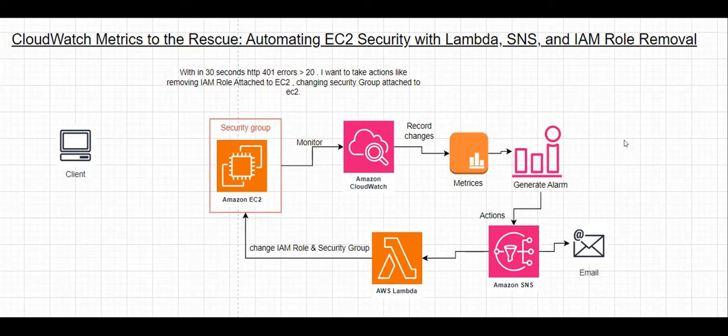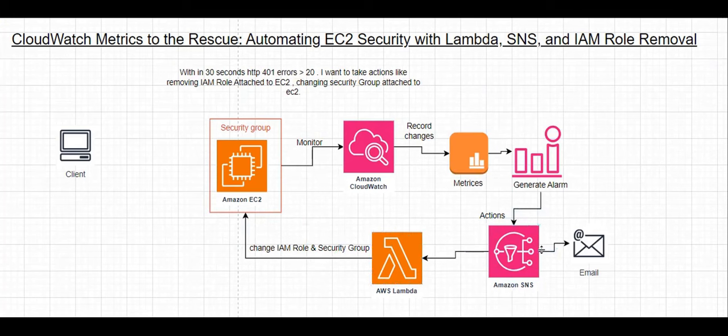So for this, what are we using? Lambda for changing the IAM role and security group of our server, and SNS to publish the message to the SNS topic as well as notify us through email.